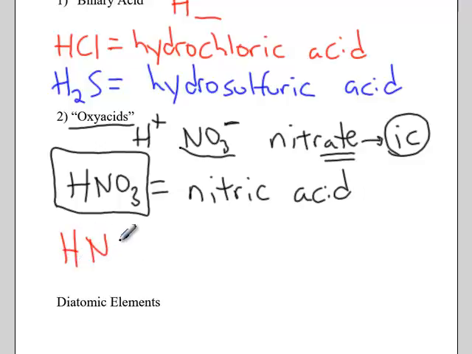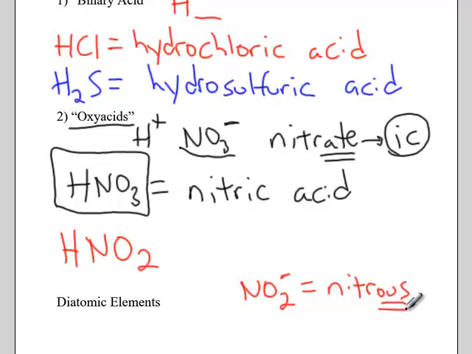We also have a similar acid, HNO2. HNO2 came from the polyatomic NO2-1, which is the nitrite anion. I skipped ahead. That's not nitrous, that's nitrite.